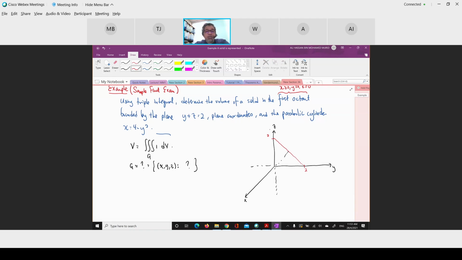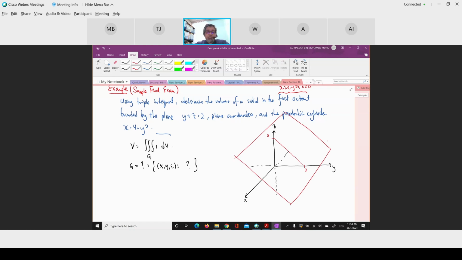It is independent of x, so in 3D it is a plane, parallel to the x-axis and containing the line y plus z equals 2.